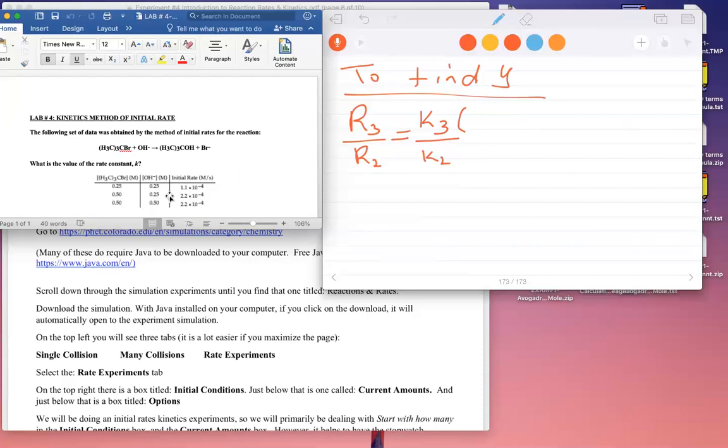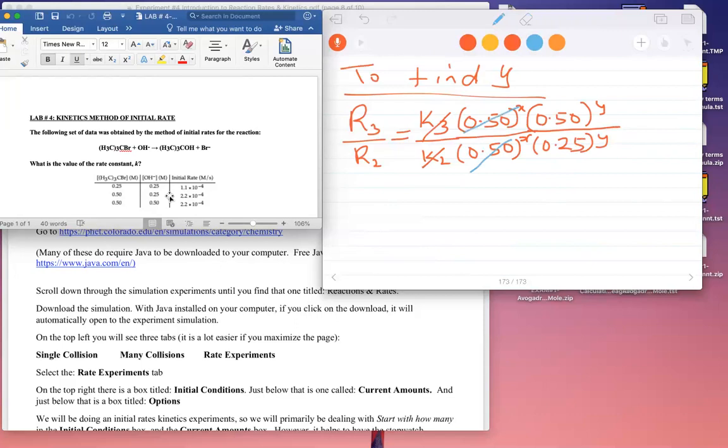The concentration of A in experiment 3 is 0.50 raised to X over the concentration of A in experiment 2, which is the same, raised to X. The concentration of B in experiment 3 is 0.50 raised to Y, and the concentration of B in experiment 2 is 0.25 raised to Y. K and K will cancel, and for A this will cancel as well, they'll go away.